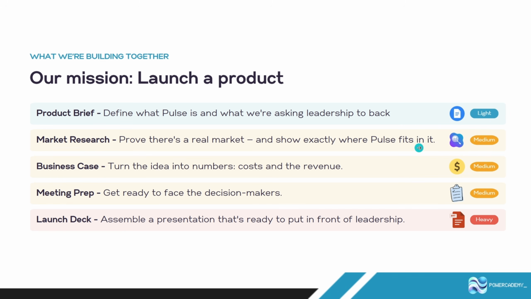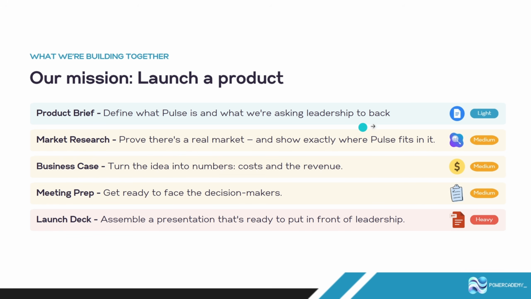We're going to need market research to understand if there's a real market and show where this product fits. We're going to need a business case, so we're going to turn this idea into numbers, getting the costs and revenue. Then we're going to need a meeting prep, so we get ready to face the decision makers. And then we're going to need to assemble a presentation that's ready to put in front of leadership, so a slide deck to go with the meeting prep that we do.